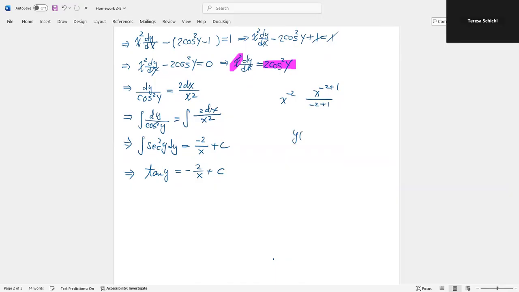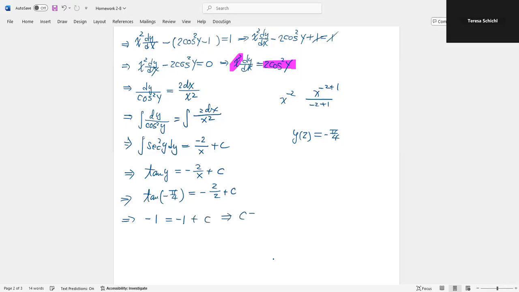Now my initial condition is y(2) equal to negative pi over 4. So tangent of negative pi over 4 is equal to negative 2 over 2 plus c. Here, tangent of negative pi over 4 is negative 1, equal to negative 1 plus c.